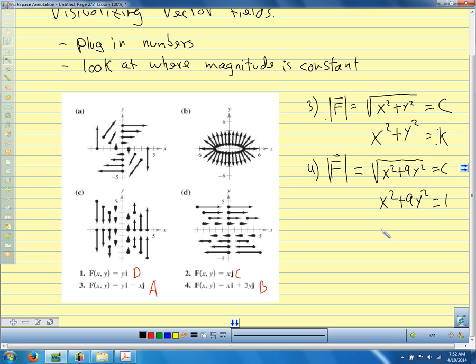Divide everything by 9, and I get x squared over 9 plus y squared equals some other constant. And we get a constant magnitude on an ellipse with a horizontal major axis. And that matches with the way B is drawn. So just a little bit on how we might visualize a vector field to sketch a graph.